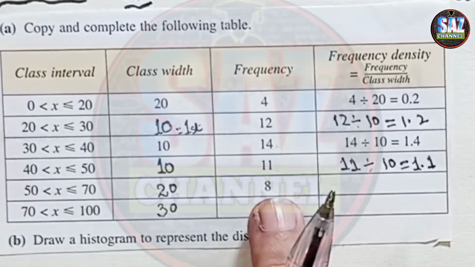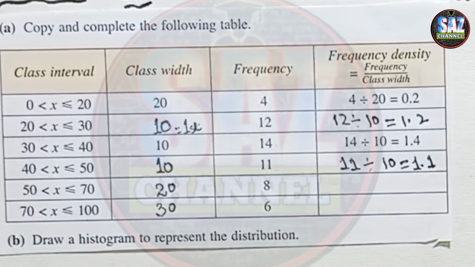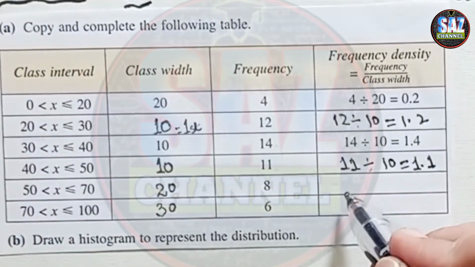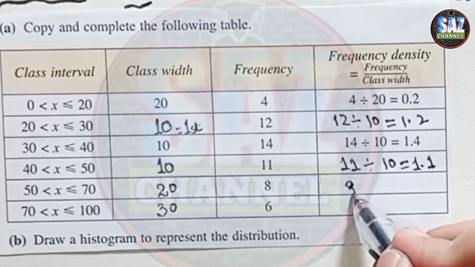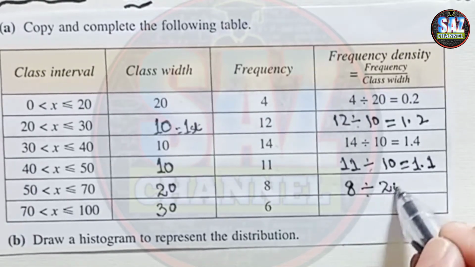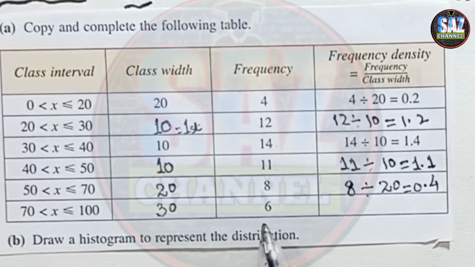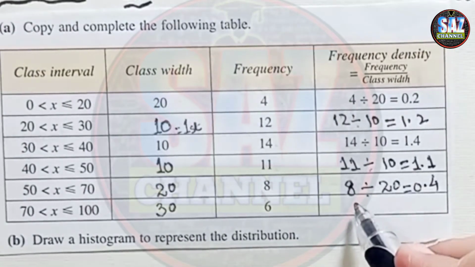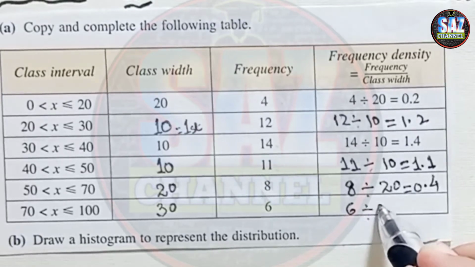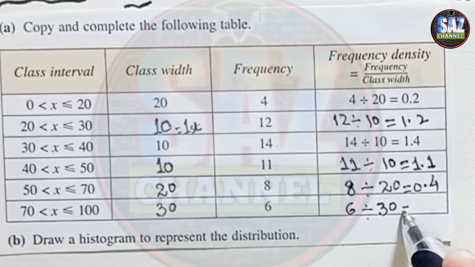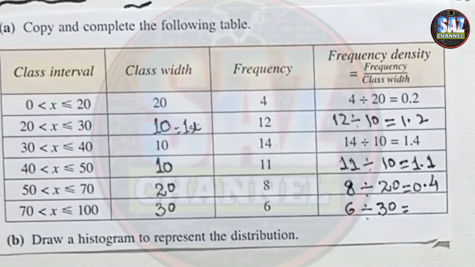Frequency is 8 and class width is 20, 8 divided by 20 is 0.4. And then 6 divided by 30, frequency divided by class width, 0.2, but let me confirm this. 6 divided by 30 is 0.2.